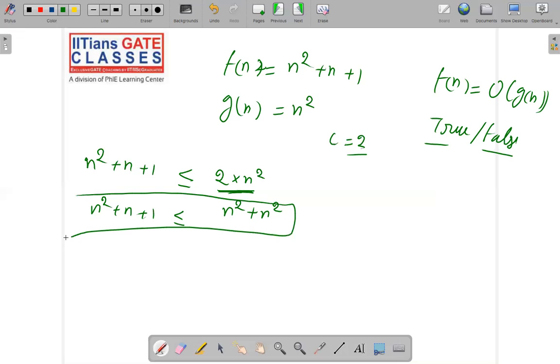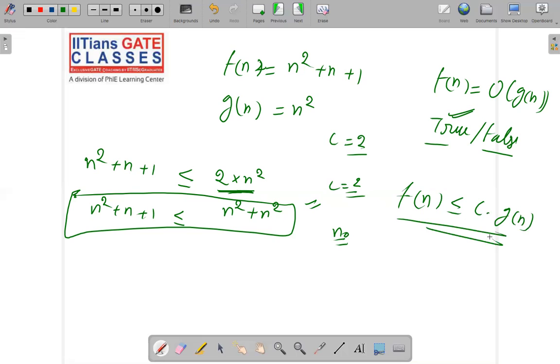This can hold, right, if you put C equal to 2. After a certain value of n0, this will hold. So this is true. I'm getting my point: if we can denote these things in the form of Fn less than or equal to C dot Gn, then this is true.